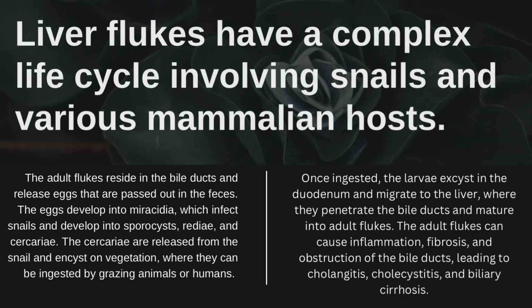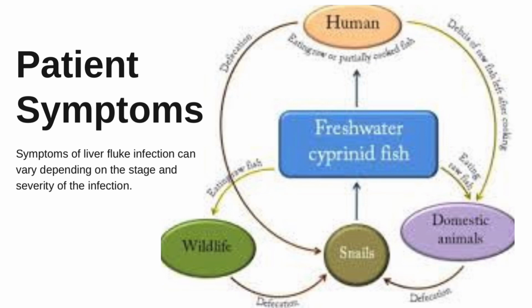This diagram shows how a human can go from eating raw or bad fish, and then how that can go into the debris of the raw fish, going into cooking, how you eat the raw fish, and then it goes into domestic animals.